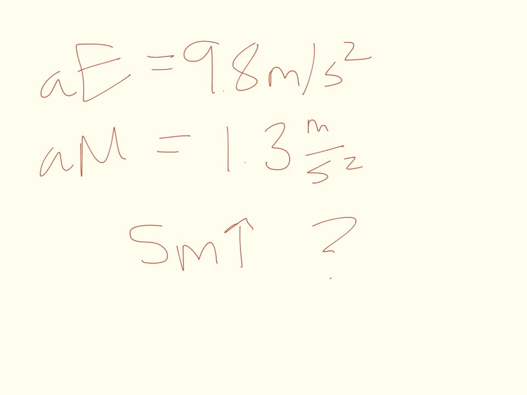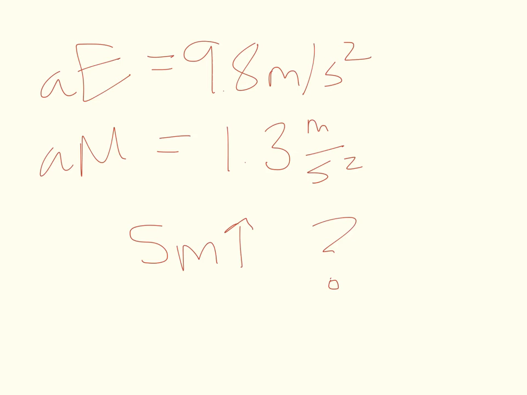So it's very similar to one on the test. Basically, you'll figure out how far your ball goes first, and then you'll figure out how far the ball goes on Mars or the moon or whatever it is.